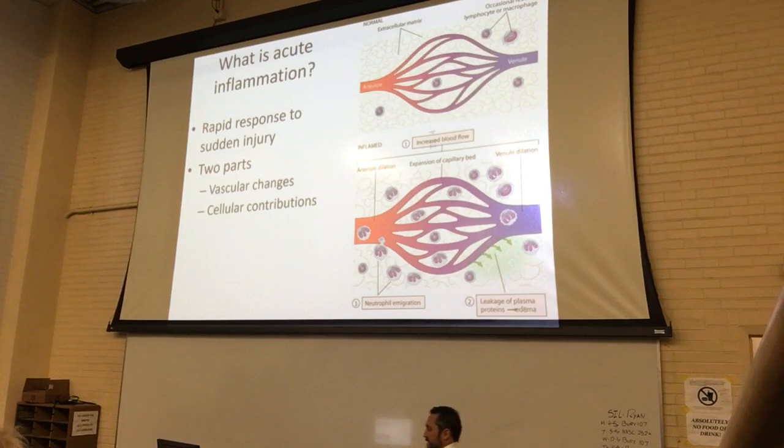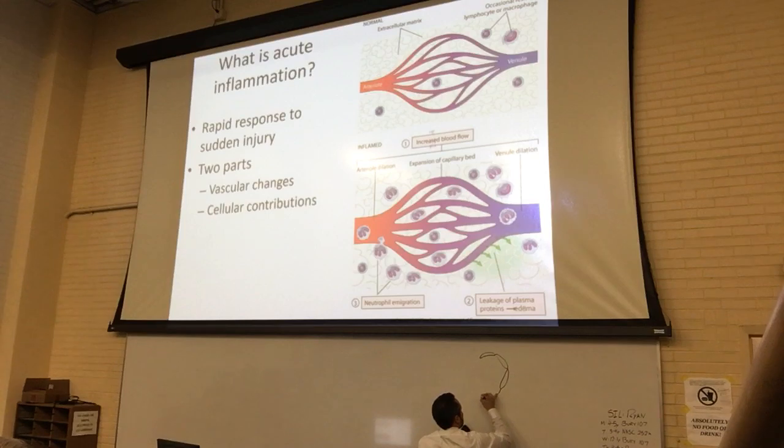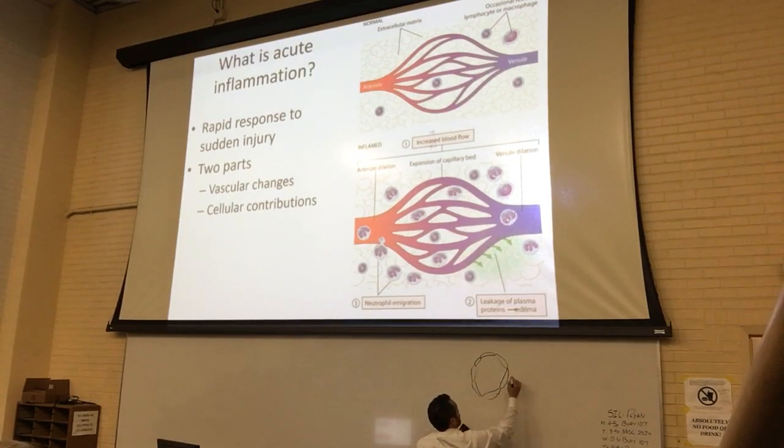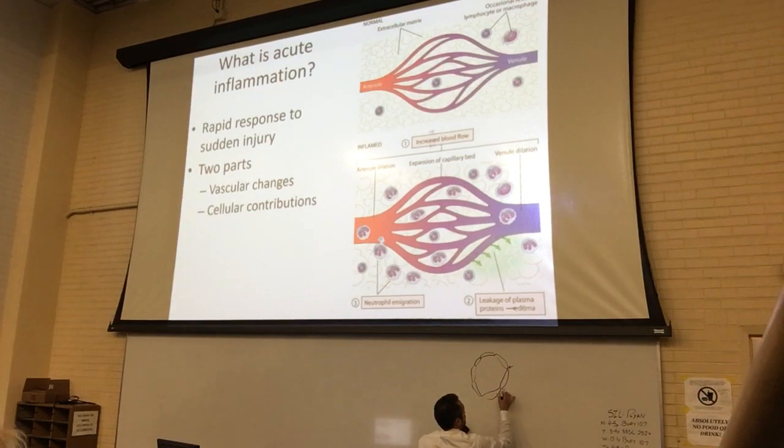And by vasodilating, the inner lining of the lumen of the blood vessel, if this is a picture of a blood vessel, let's do it like this. So the inner lining of a blood vessel has single cells called endothelial cells that line it, okay? And these things have these kind of tight junctions in between them, right here. You guys see that?